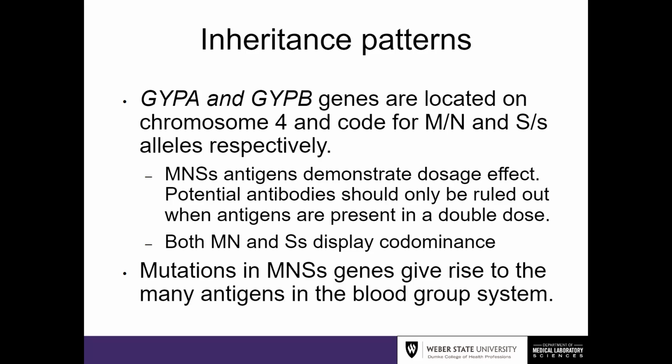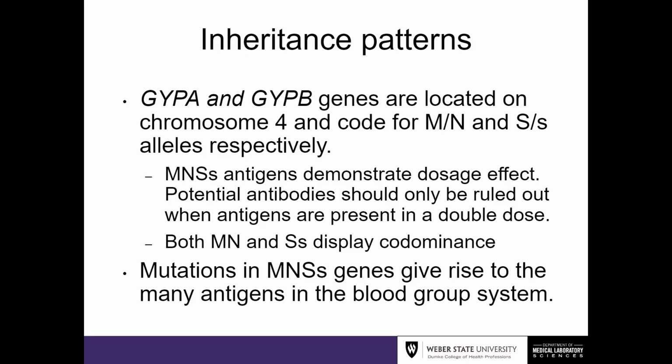Because these genes can display codominance, meaning that the M and N or big S and little s antigens can be present on the same cell at the same time, when we're doing these screens and panels to rule out that antibody, we need to have a double dose or homozygous cell.